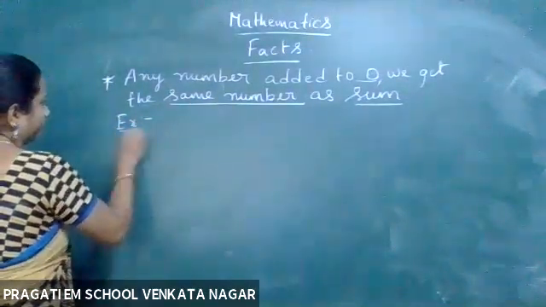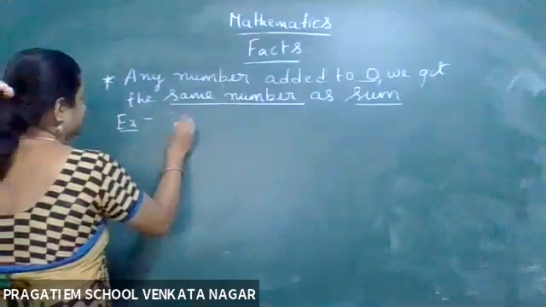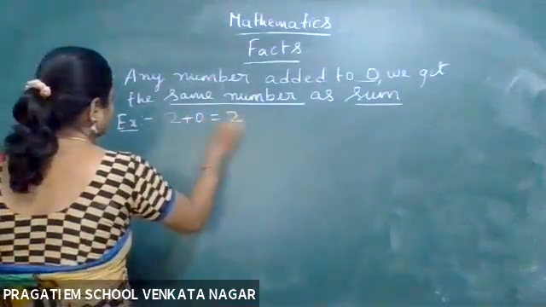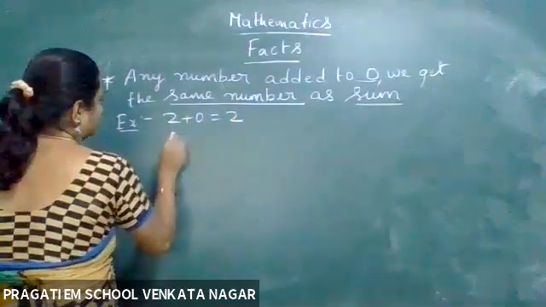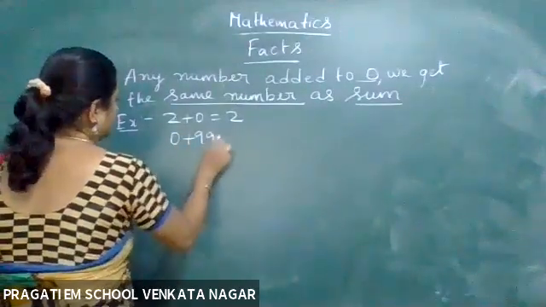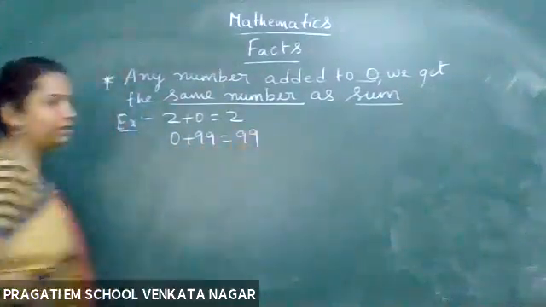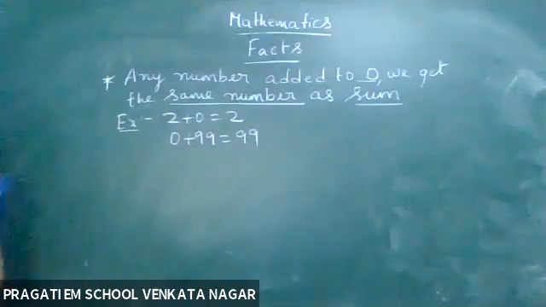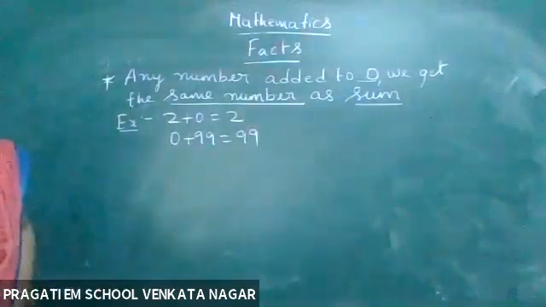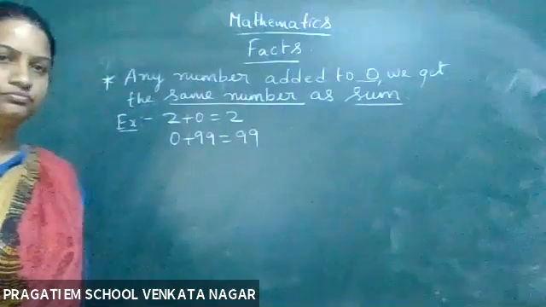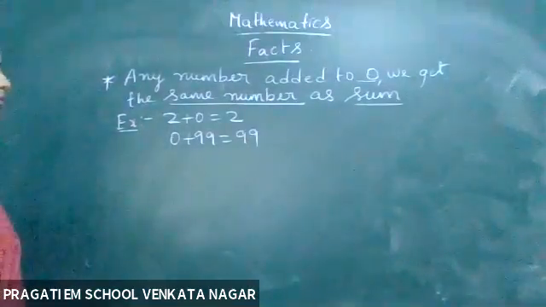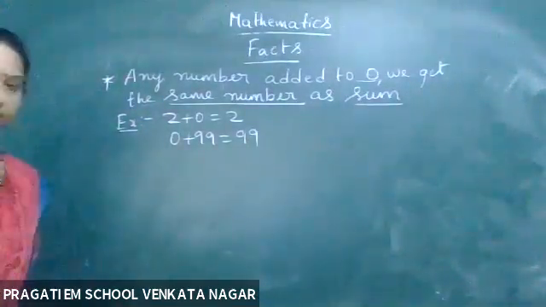Example, 2 plus 0, what do you get? 2 itself. 0 plus 99, what do you get? You get 99 itself. Note it down, children, everyone. Any number added to 0, we get the same number as sum.